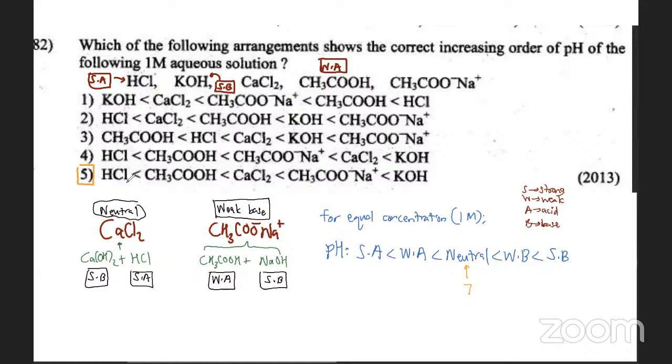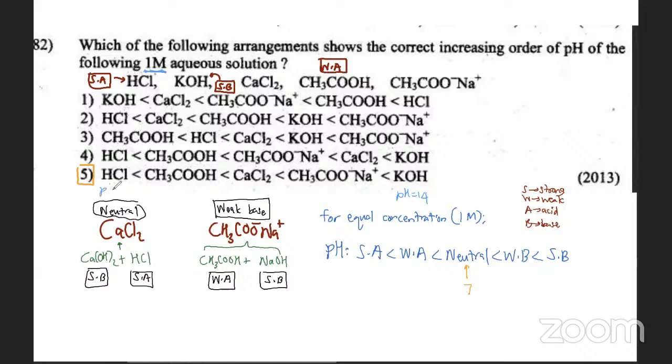It's a very strong acid. Acetic acid will be like 3 or 4, something like that. Likewise, neutral is 7. Now KOH, what's going to be the pH? It's 14. For this concentration 1M, the pH of KOH is 14.